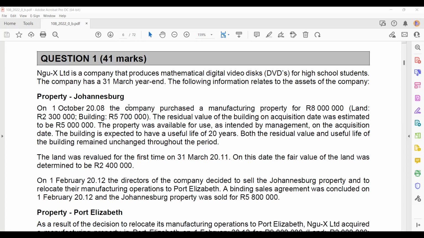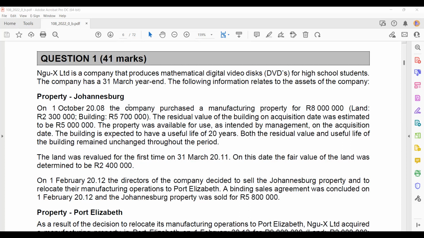They say the land was revalued for the first time on 31 March 2011. On this date, the fair value of the land was determined to be 2.4 million Rand. Okay, so there you can see 31 March is the end of a financial year. We don't know which financial year it is, and that the fair value was 2.4 million.